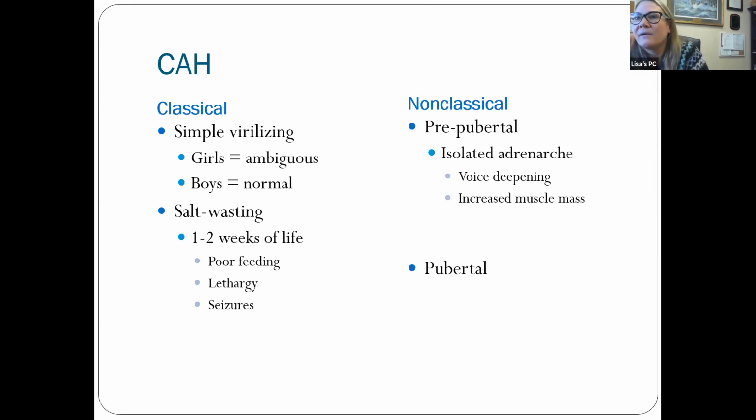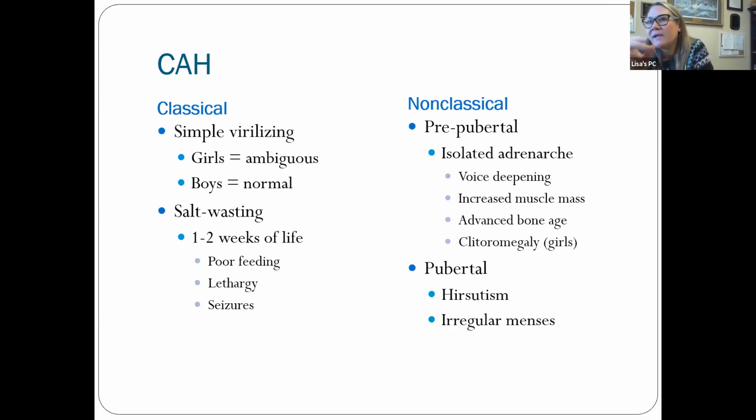And although I may work it up, to think more about CAH, I'd have to see adrenarche along with things like voice deepening or increased muscle mass, like when a boy goes through puberty, an advanced bone age because of sex steroid effects on physical maturation, and then in girls, clitoromegaly. From a pubertal perspective, like I already said, that non-classical form often can present like a PCOS-type picture.